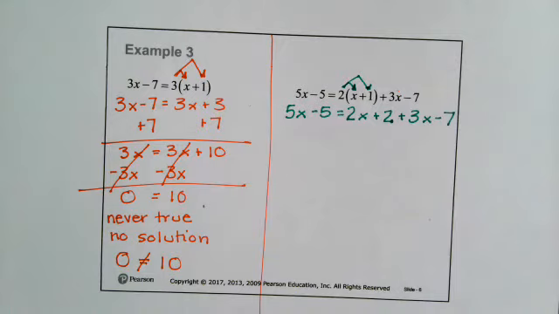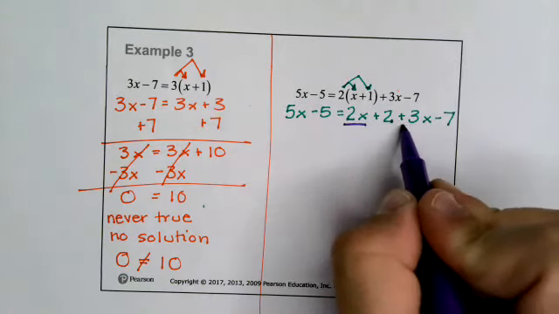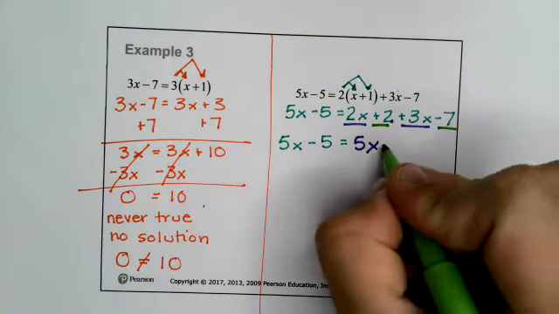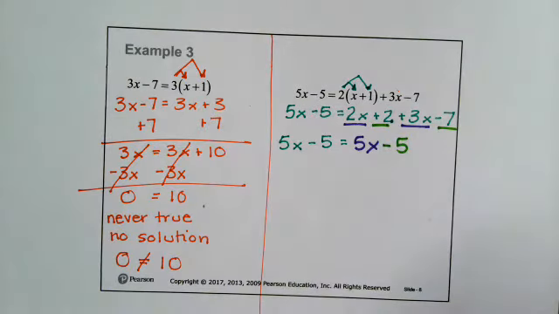Now I'm going to combine like terms. 2 plus 3x, 2 minus 7. 5x minus 5 equals 2x plus 3x is 5x. 2 minus 7 is negative 5. Ooh, look at that.